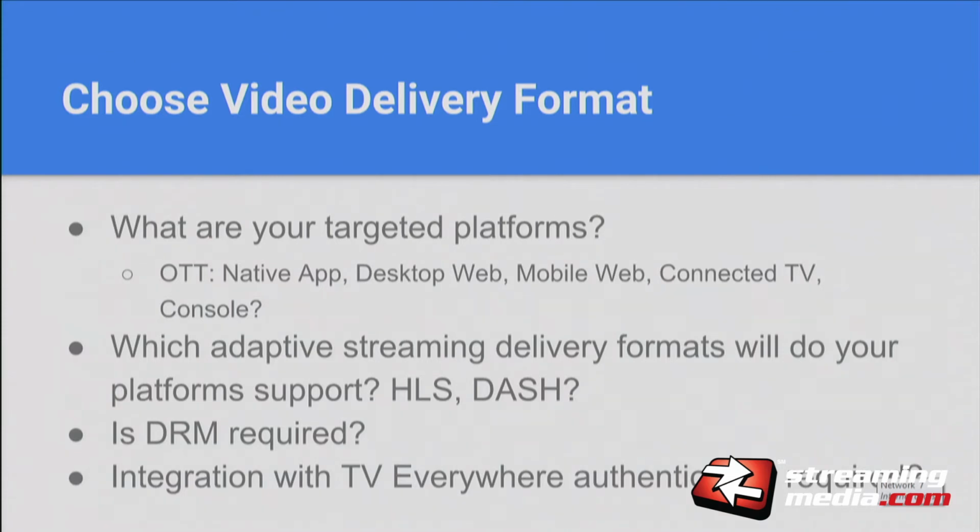OTT, native app, desktop web, mobile web, connected TV, console. Frequently, that's going to dictate what your streaming delivery formats will be. So which adaptive streaming formats will you support? Will your platform support HLS or Dash? Is DRM required? DRM can make your implementation more complex. Also, is integration with TV Everywhere authentication required?